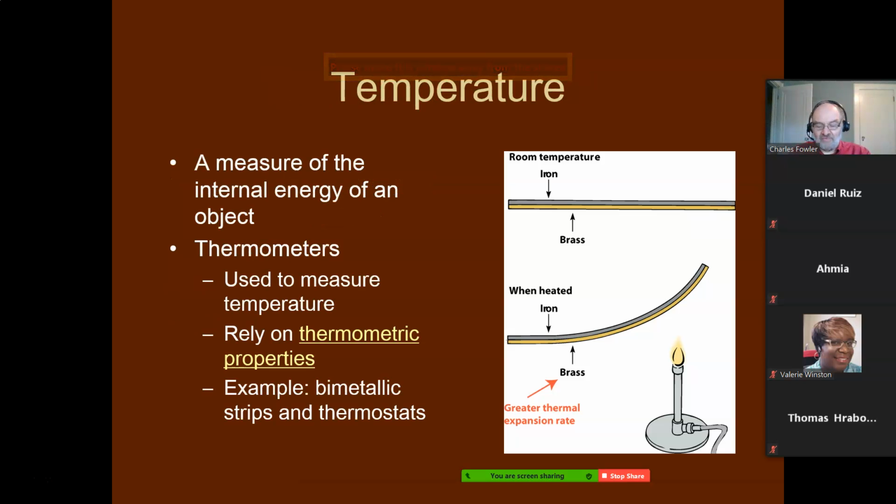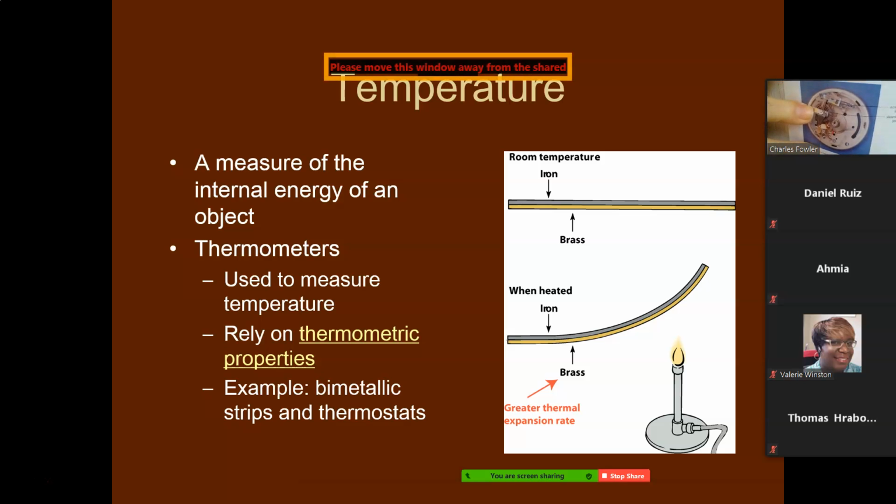But here is the inside of a thermostat, at least the old kind. And you see this strip, this coil over here? There's a bimetallic strip. Now whether that's iron and brass, I don't know. I'm guessing it probably is. At least the brass part looks like it might be true. And that, as it heats, it expands, and because they have it in a coil, it's magnified.